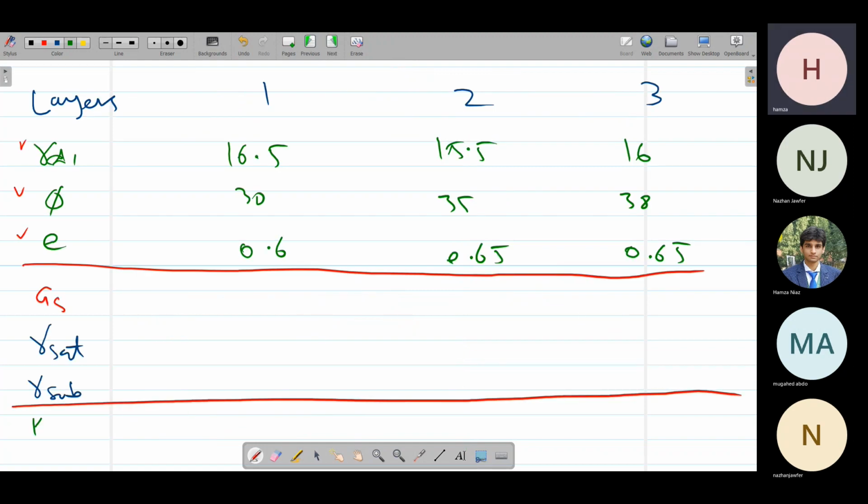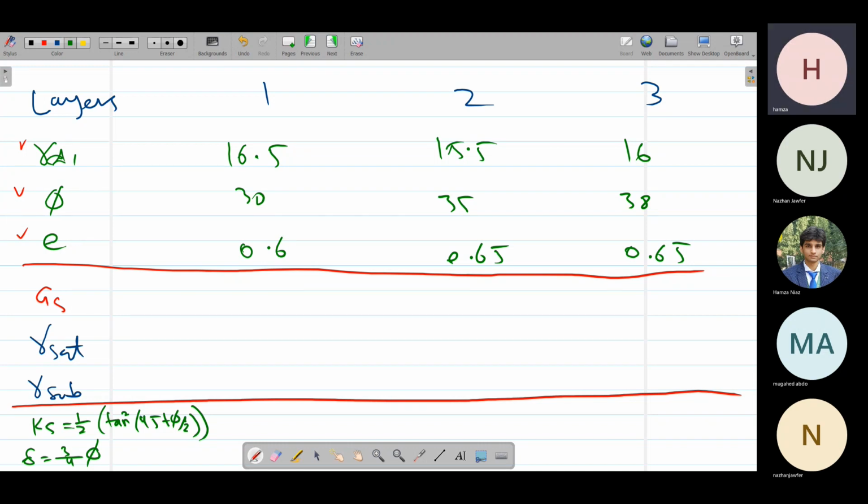Simply, Ks would be half times tan square (45 + phi/2). We know phi, so we can simply find Ks for each layer. And delta, we know phi again, so delta is 3/4 of phi. This way we can get Ks and delta for each layer as well.